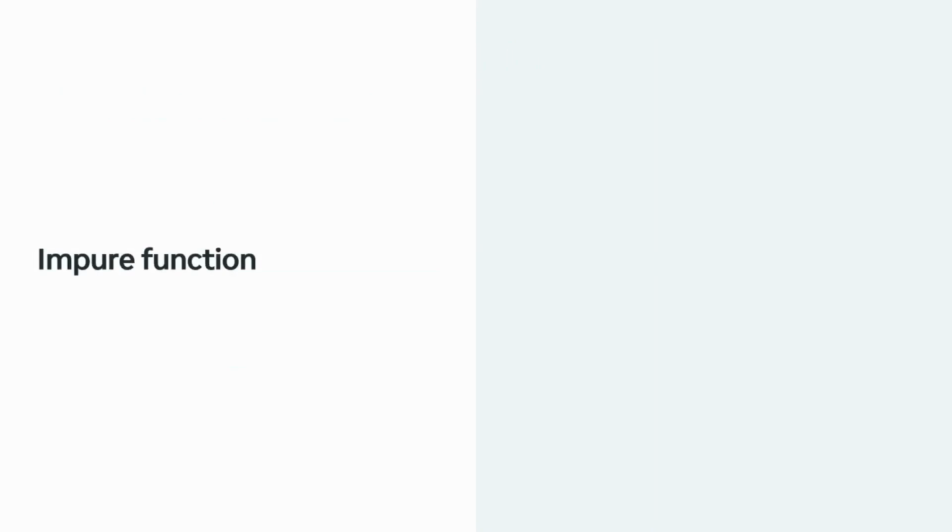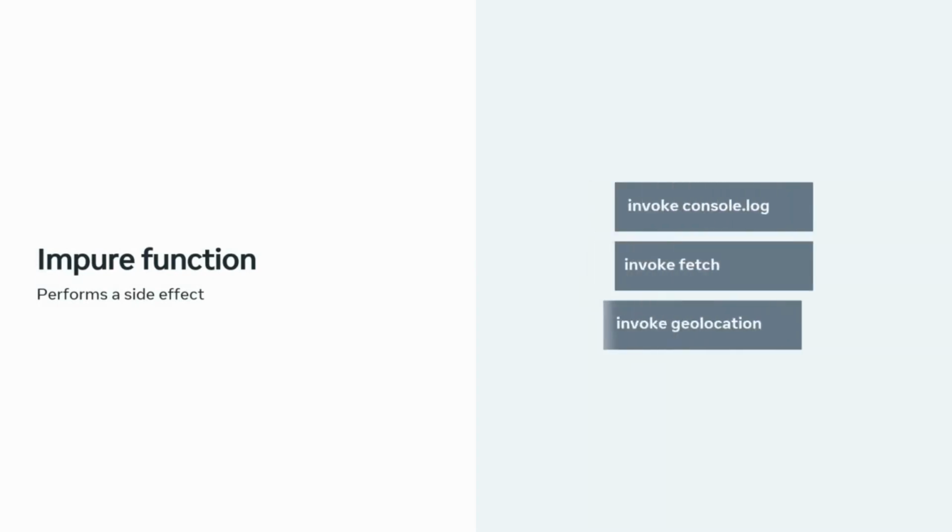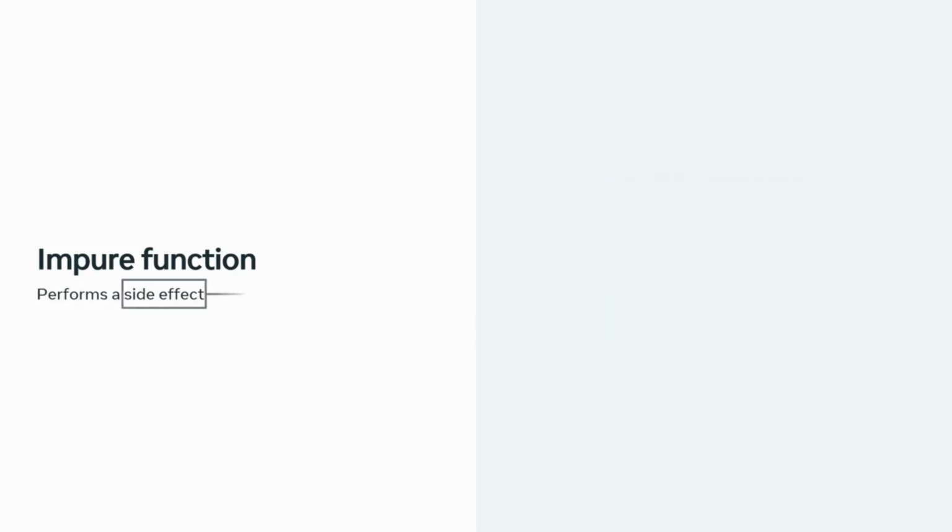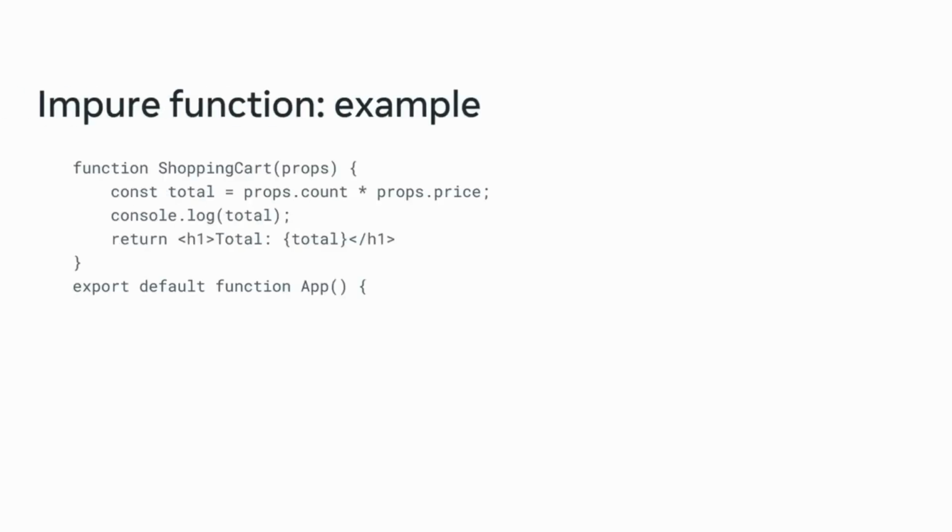By contrast, an impure function will perform a side effect. That means it will do things such as invoke console log, invoke fetch, or invoke browser's geolocation functionality. In this context, a side effect can be thought of as something external to or outside of a function. Consider the example of a shopping cart function built for the Little Lemon app.